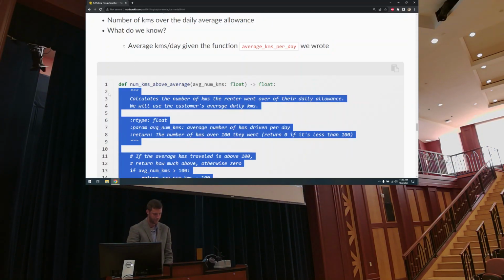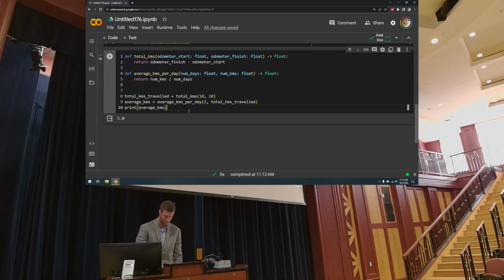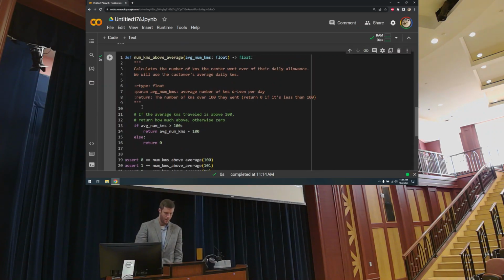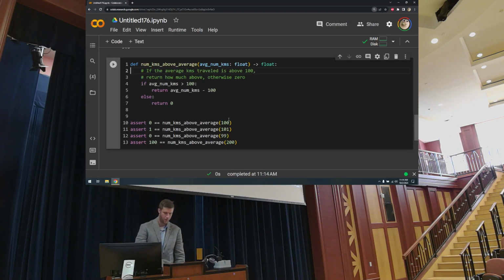I'm just going to get rid of the docstring for readability here. So here's what we do. Kilometers above average.